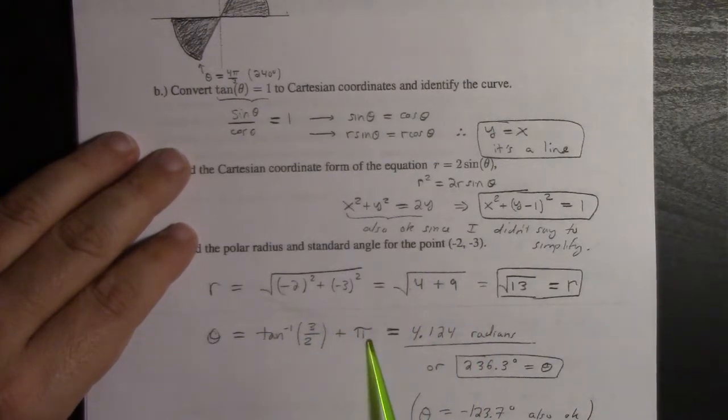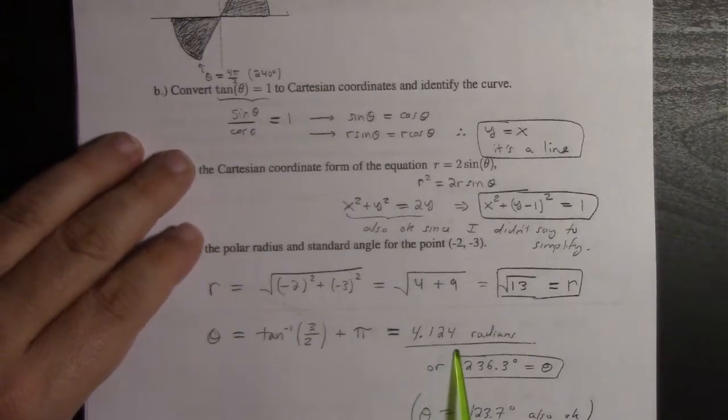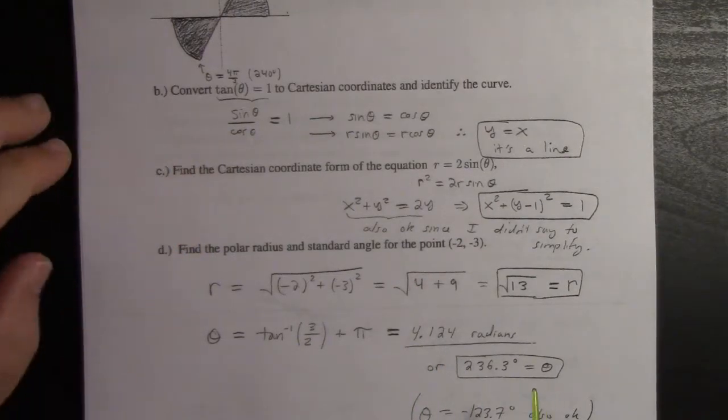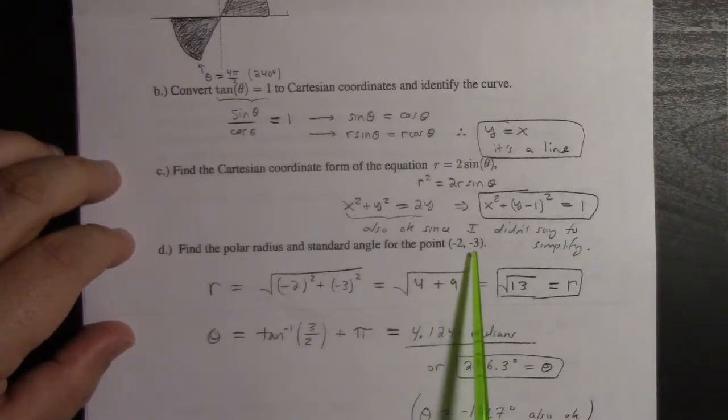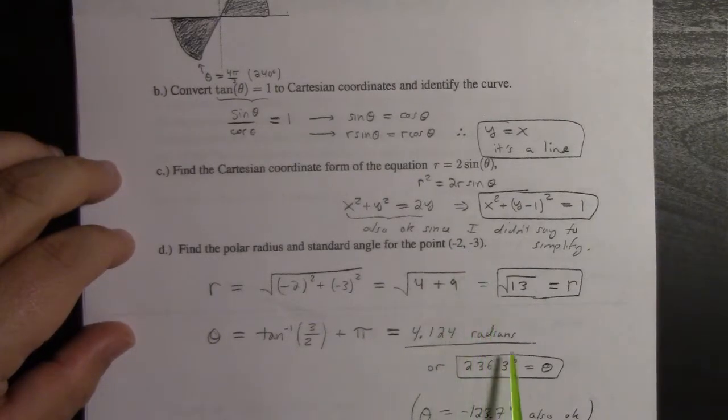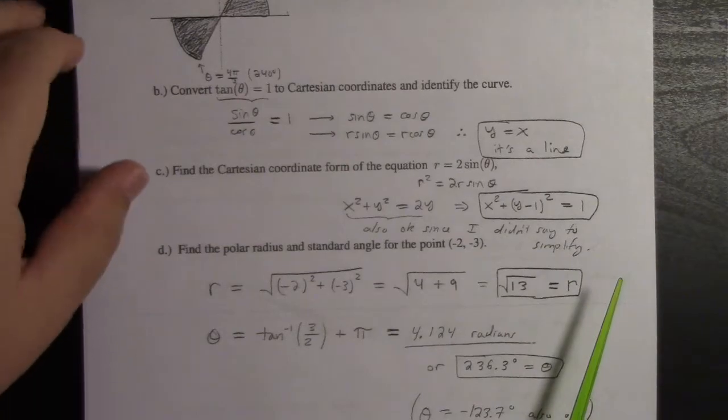But I have to add pi in order to get into the proper range, which should be somewhere between 180 and 270 degrees, or pi and 3 pi over 2 radians, which I do indeed have. Draw a picture to be sure this point is in quadrant 2, so we definitely should have that kind of standard angle. Alright.